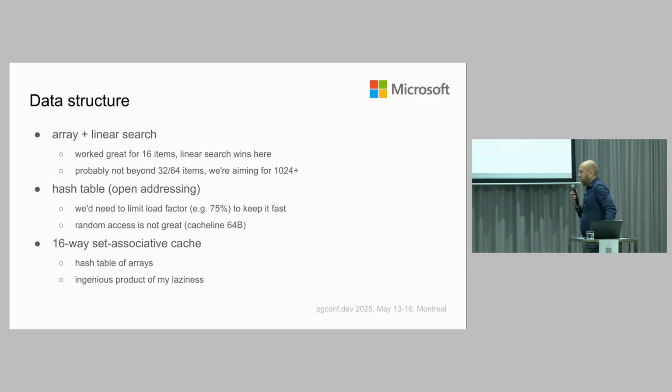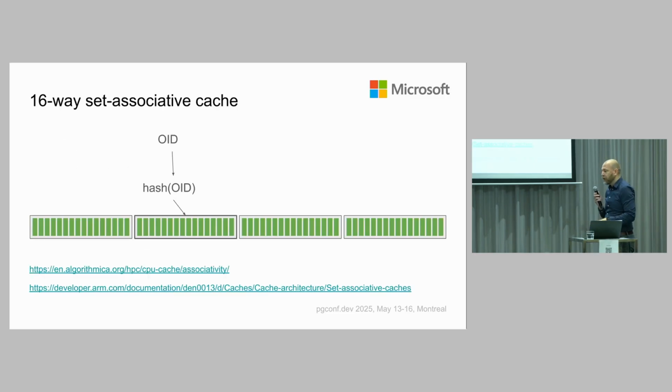So what we ended up doing is a 16-way set associative cache, which you can imagine essentially as a hash table, but instead of individual entries, you have a buffer of 16 entries, right?